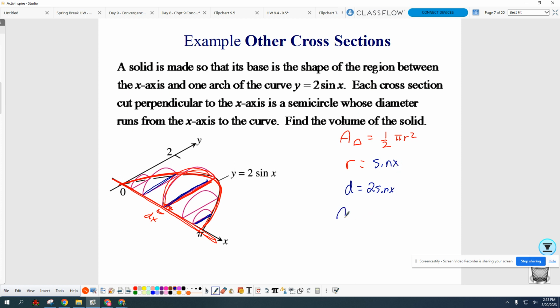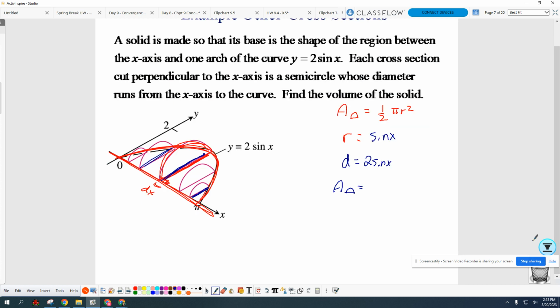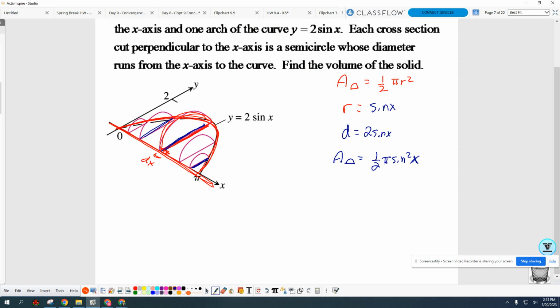So what is the area, with all the formulas mushed together, that I need to integrate? Any single cross section is going to be this with that radius plugged in. It's going to be 1/2 pi sine x squared. Okay, what are the bounds of integration?